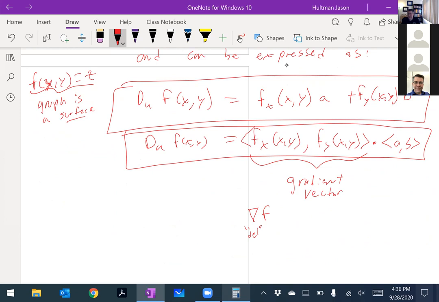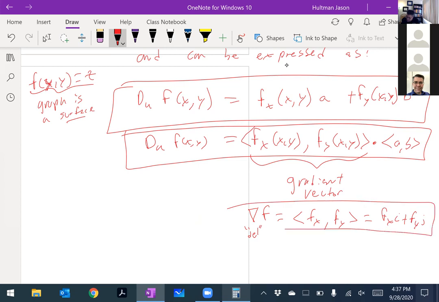I know there's a lot of dels and deltas, and mathematicians are very unoriginal people. This is del, not delta. Delta is a triangle; del is upside down, with no ta. So del F is equal to F sub x, F sub y, or we could rewrite it as F sub x i plus F sub y j.